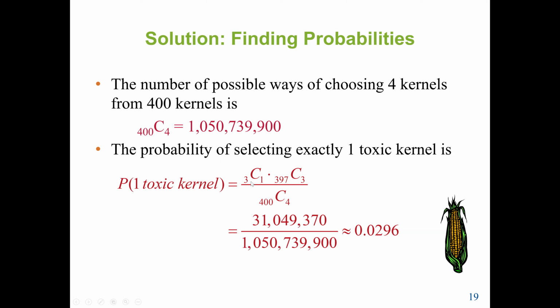We already found the combination of 3 choose 1 times 397 choose 3 in our previous slide, that's 31,049,370. Then the combination of 400 choose 4 gives us 1,050,739,900. So that should be the probability of selecting one toxic kernel.